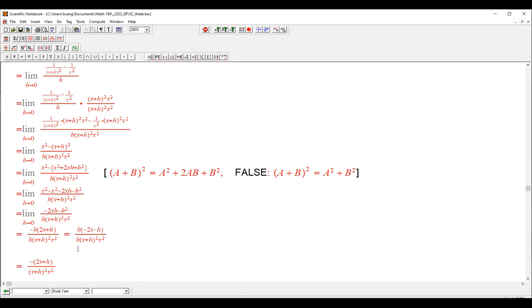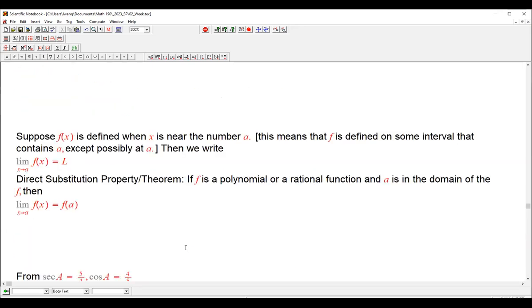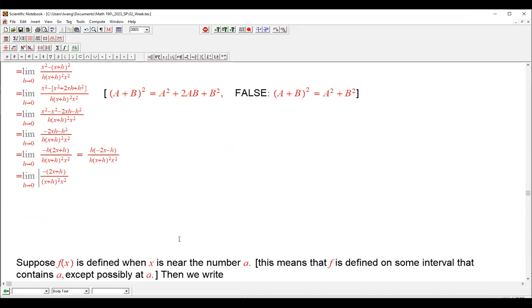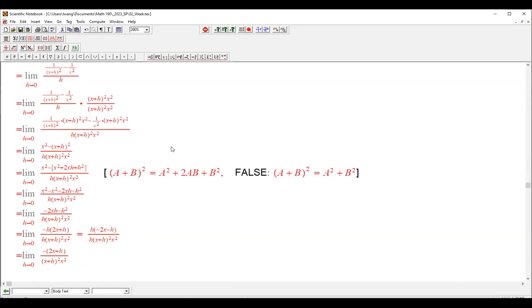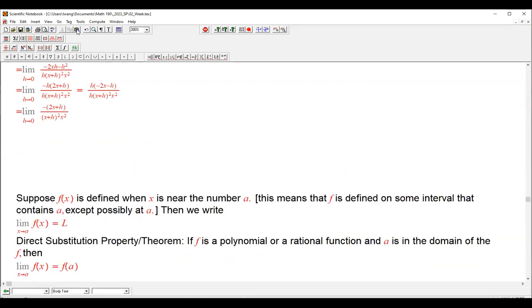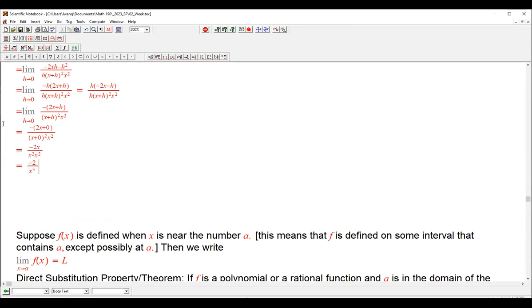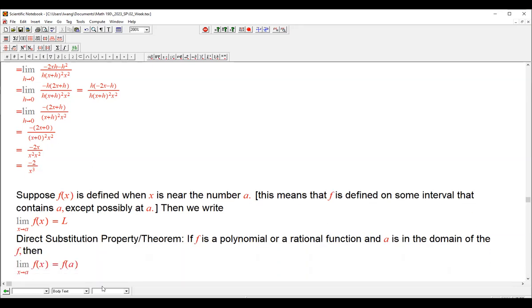There we go. I still have the limit attached all the way here, all the way here. You can't drop anything. And when do I drop it? When I apply the direct substitution theorem. Limit is dropped when I apply the direct substitution theorem.